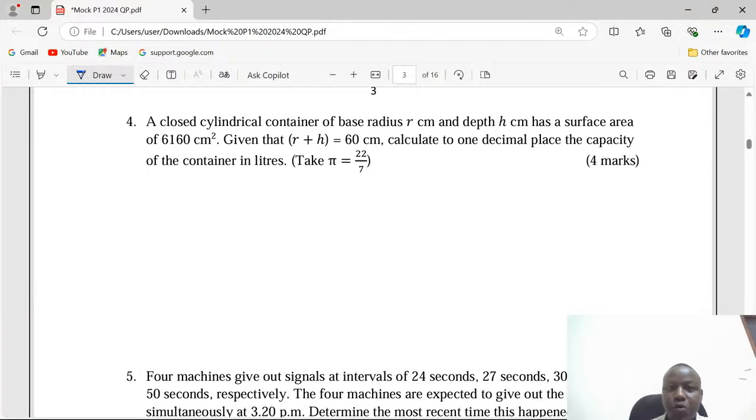What we're supposed to know is that because surface area has been given, we can express the surface area.